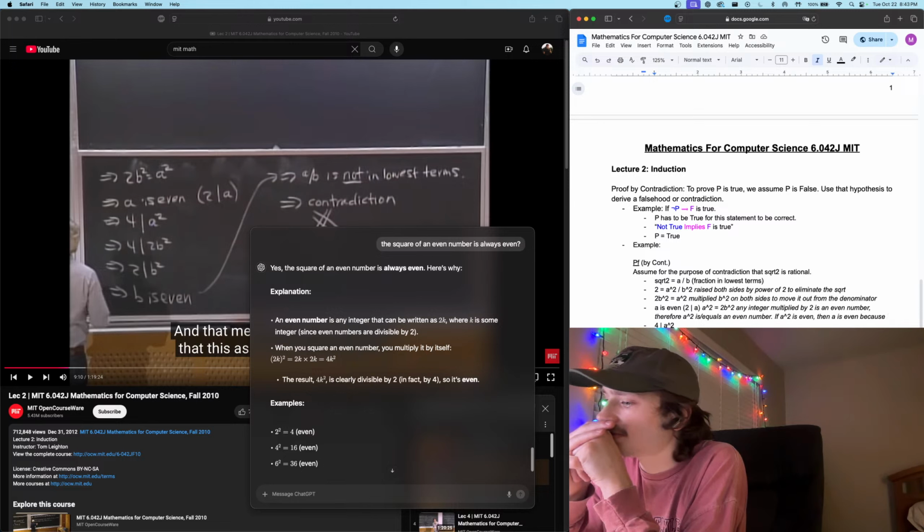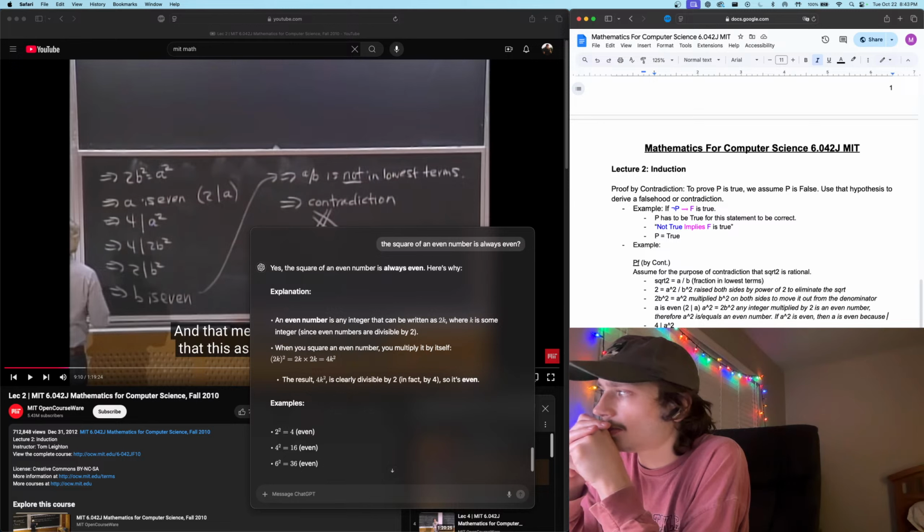Then a is even because odd numbers squared are always odd.